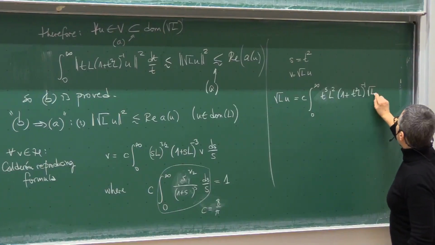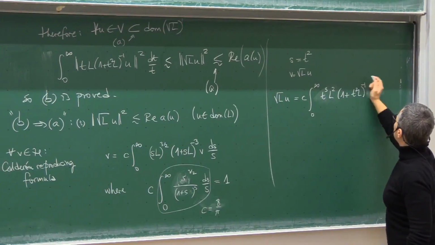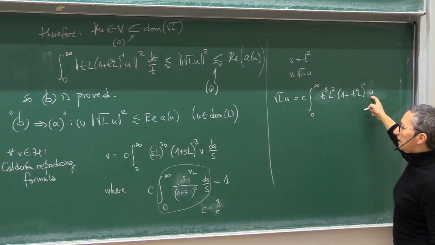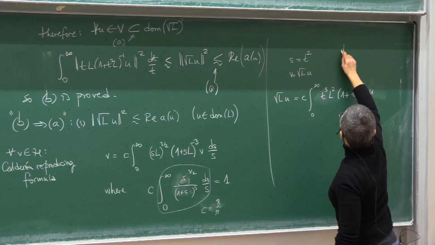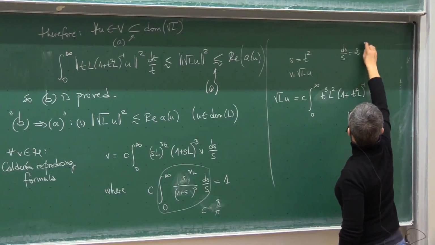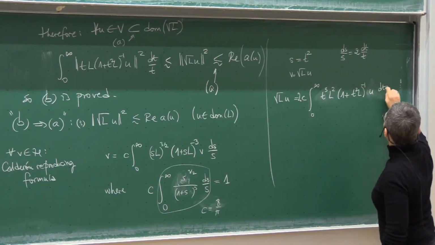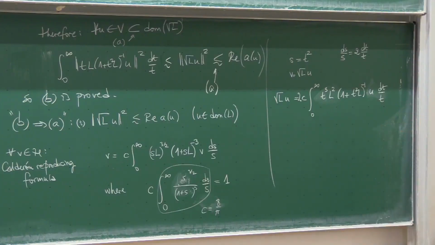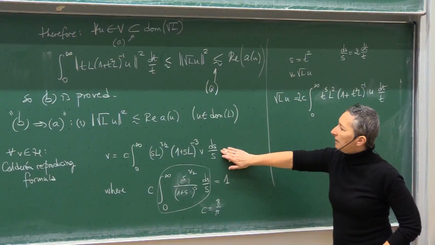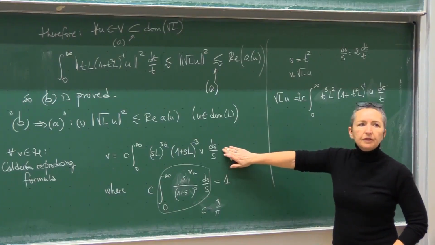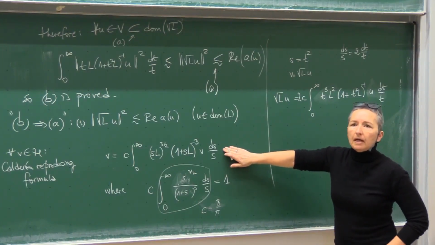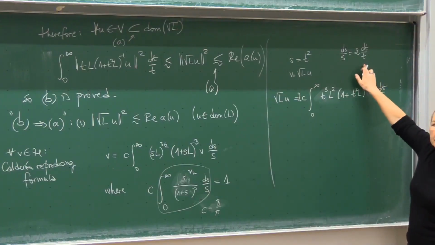And as before, ds over s is 2 dt over t. So I have a 2 in front, and here a dt over t, right? So this is just this formula applied to v equals square root of L u, with the change of variable s equal t squared.